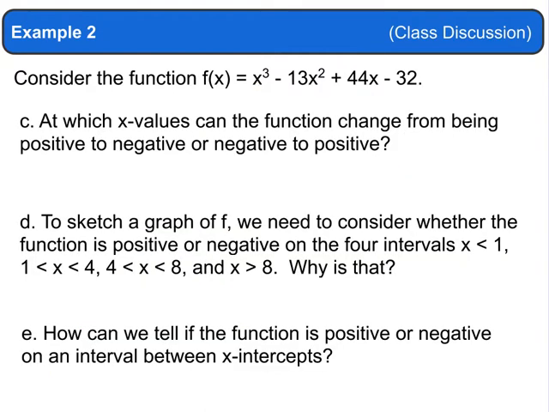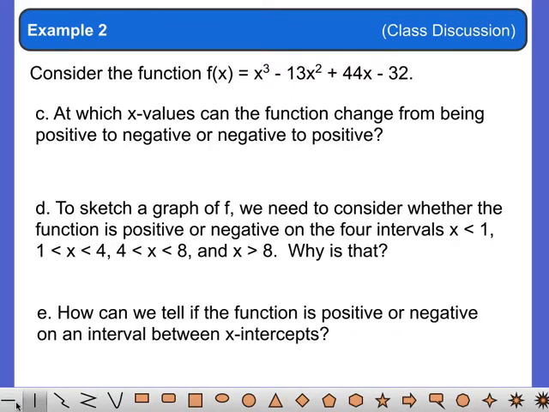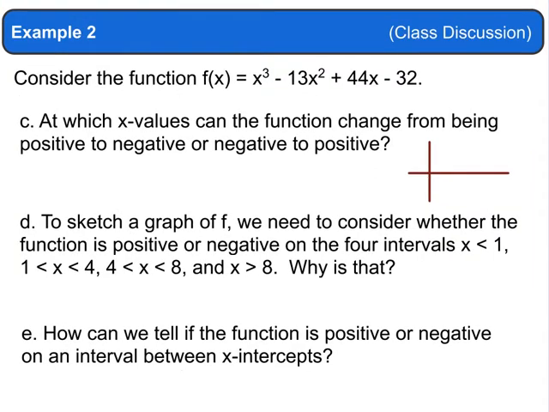In C, they say, at which x values can the function change from being positive to negative or negative to positive? And what they mean by that is if I had a graph, let's say I had this line and this line, every single time I go from, say, a negative y value to a positive y value, I have to change where I am on the x-axis.